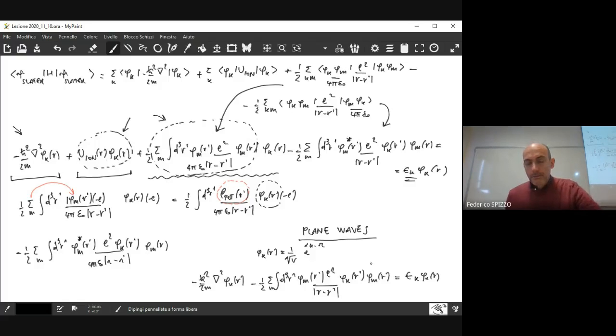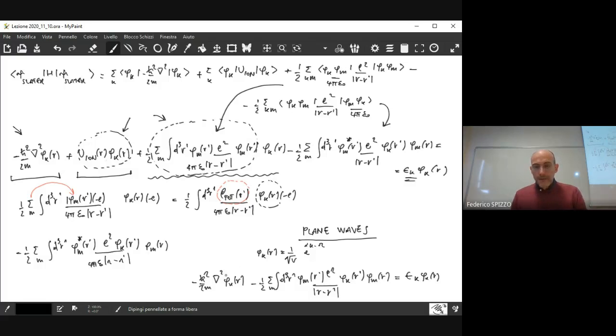And please note that also in this situation, we are using plane waves that are a solution to the Schrödinger problem, where the potential contribution is zero. So the plane waves in principle are the solution when just the kinetic term is there.